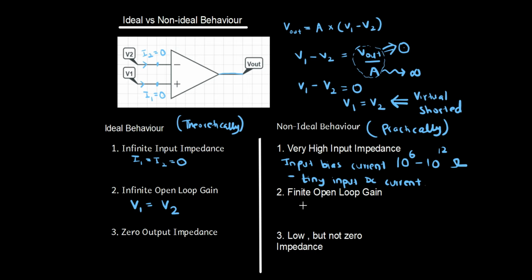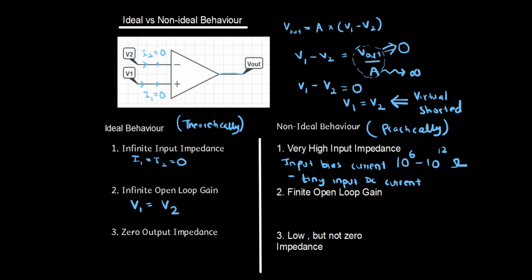The value of A has an actual finite value. So it has a finite open loop gain, right? And the third property is we assume that ideally operational amplifiers have zero output impedance. But realistically, they don't. They have a very low output impedance, but that doesn't mean it's zero, right?